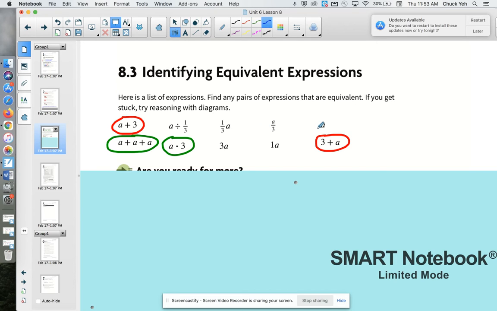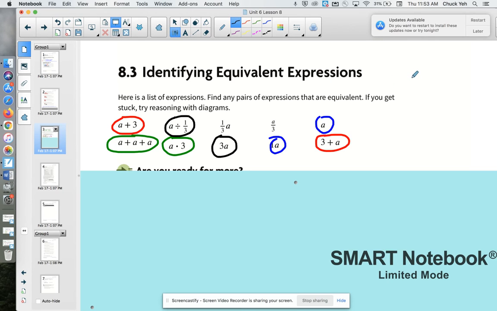All right, and then if I use 6, what's 1 times 6? 6, right? Okay, how about 6 times 3? 18. Now, which one of these has to do with 18, or whatever number you picked? It would be this one.